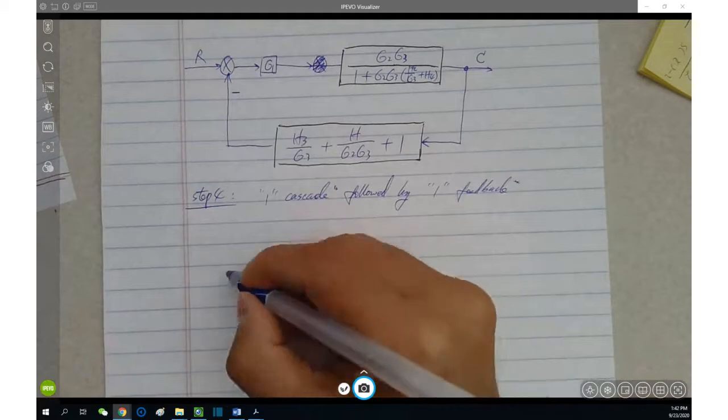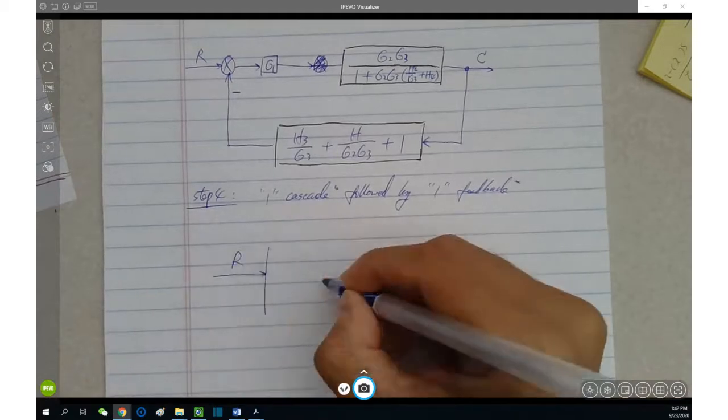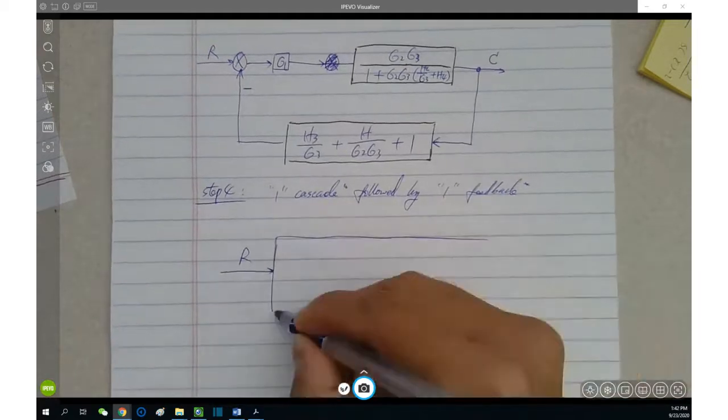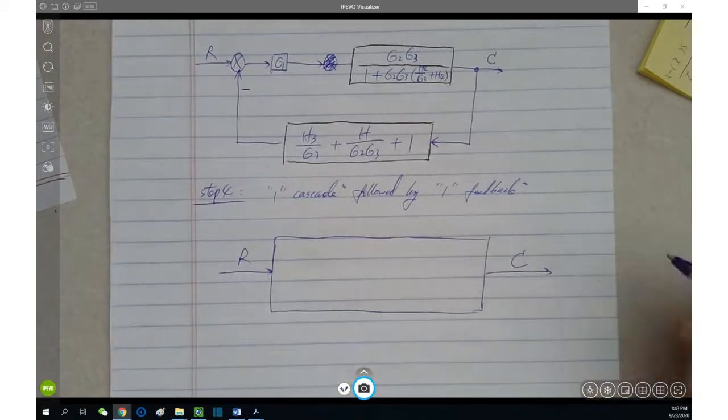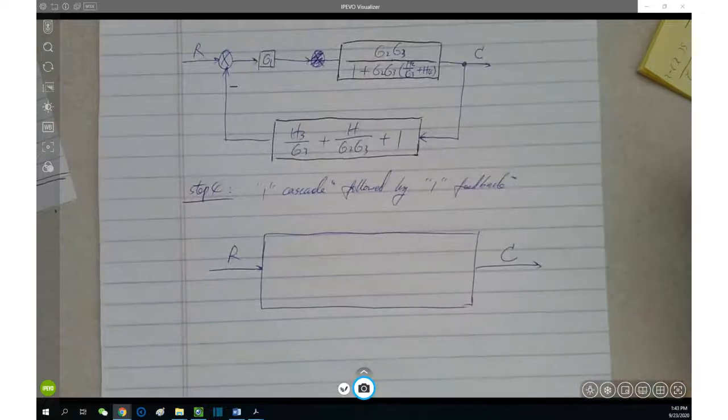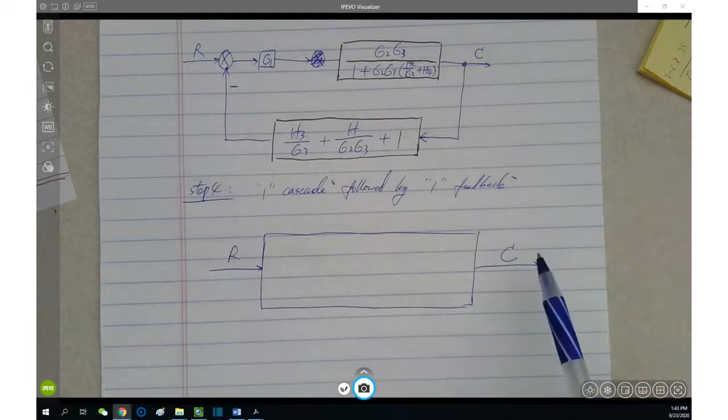So the result is right. This is the result, and this is also the kind of result presented in the exam. Just one big block containing one single transfer function with one input and one output. That's it. This is the answer.